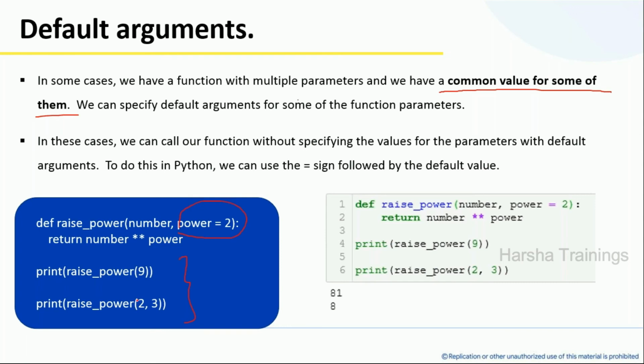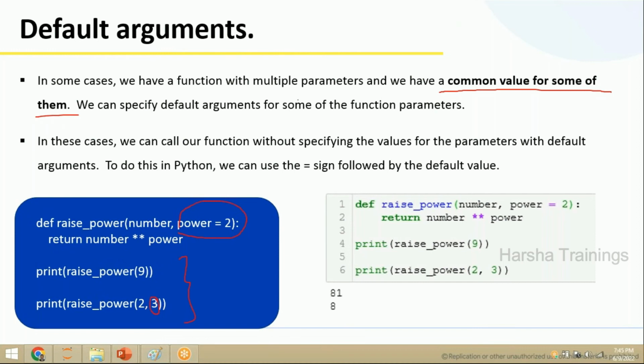Now whenever I'm calling them, there is no need to pass the common argument. Those common arguments will be taken by default. Clear? Is it okay for everyone?